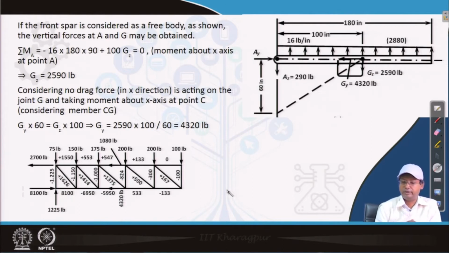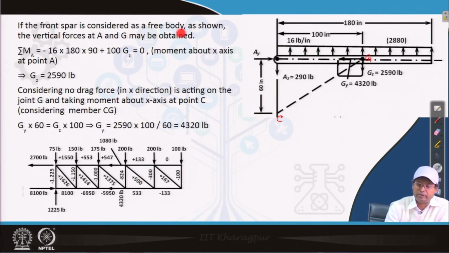Here we have the first or the front spar, where, as already discussed, 16 pound per inch load is distributed uniformly. This distance is 10 inch, and the total is 180 inch, and we have a member from C to G. This is the point G. The front spar is considered as a free body as shown.